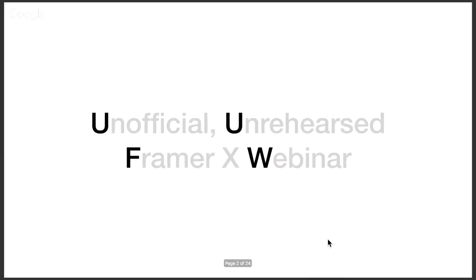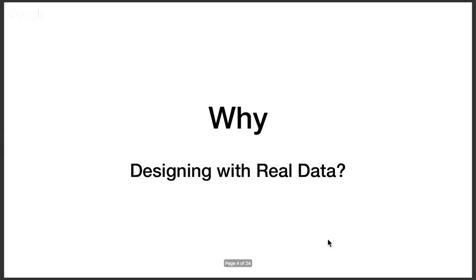Maybe I should go back to this acronym to let you just see it very briefly. And then we're gonna start with why we want to design with real data. All right, cool. Thanks everybody for your help. Why do we want to design with real data?